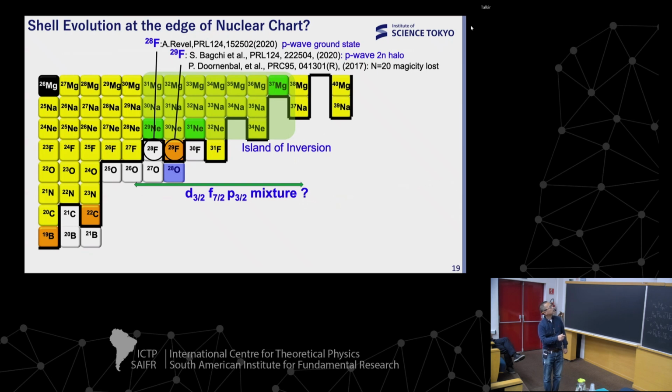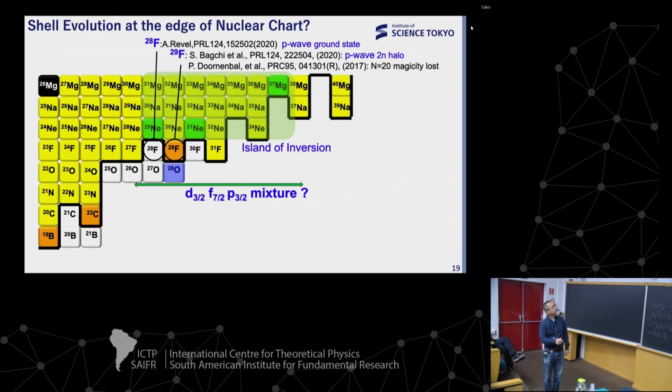For instance, fluorine-28 was measured. This resonance state was measured by Revel et al. This was also a SAMURAI experiment at the RIKEN experiment. And the ground state was found to be p-wave dominant. And fluorine-29 was measured by these people. Also, this is a RIKEN experiment.